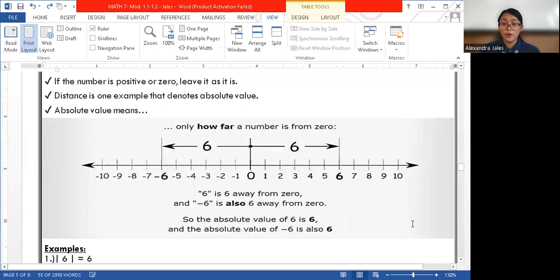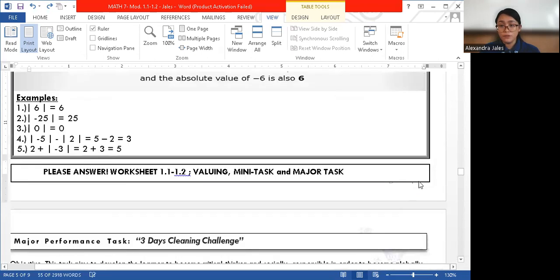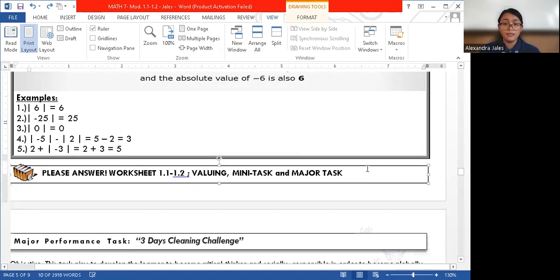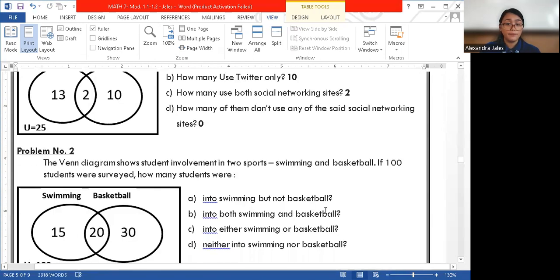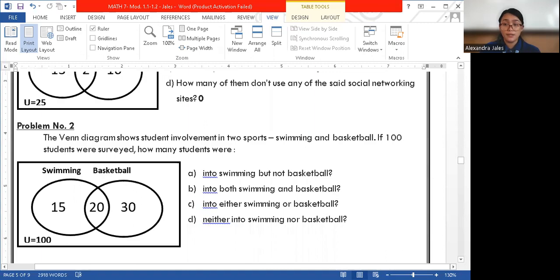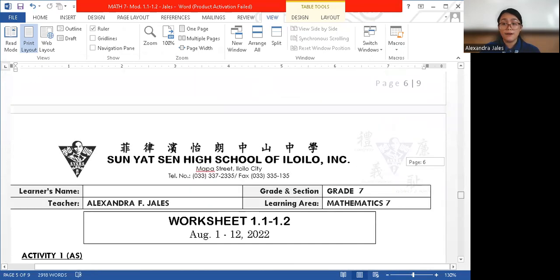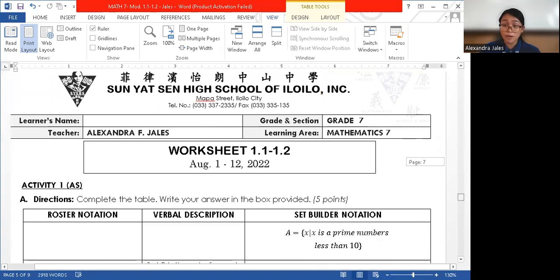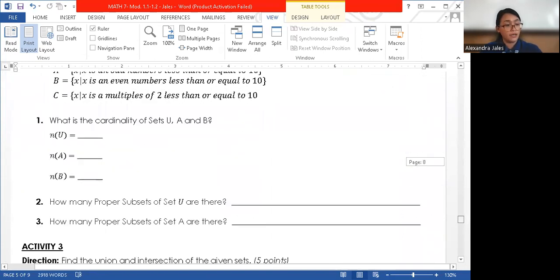Again, you just have to open your module and go to page 9 for you to answer your problem number 2. Take note, you have to answer your problem number 2, and you still have a quiz to answer after that. You're just given 5 minutes to answer the problem number 2. Okay? You also have a quiz to answer after.